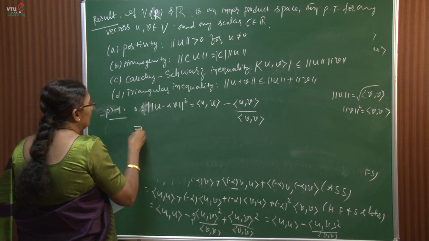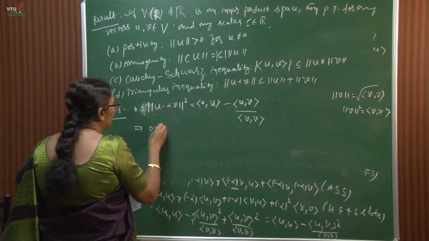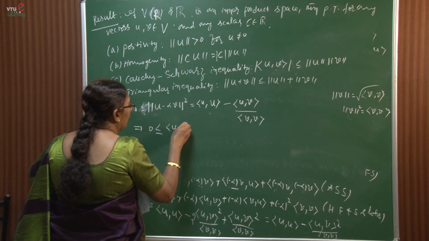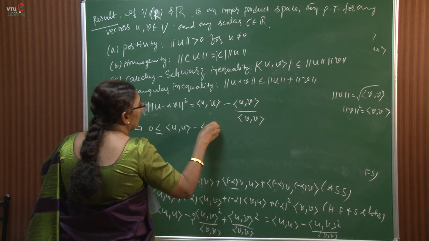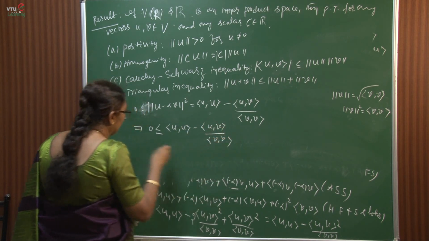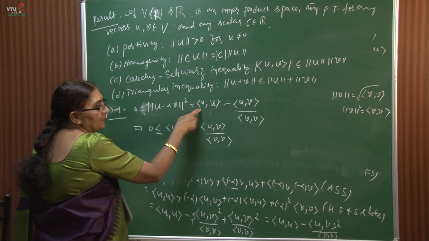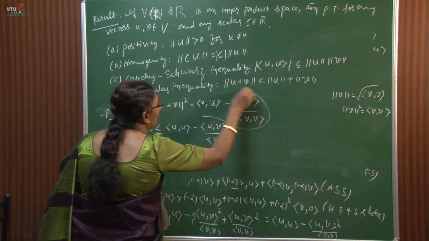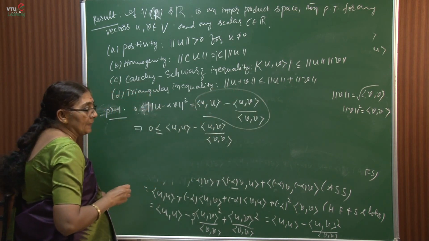This implies 0 is greater than or equal to the inner product of u comma u minus the inner product of u comma v divided by v comma v, because this is greater than or equal to 0. Means this entire quantity is also greater than or equal to 0.